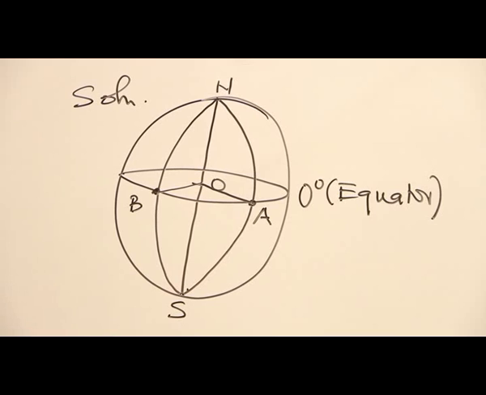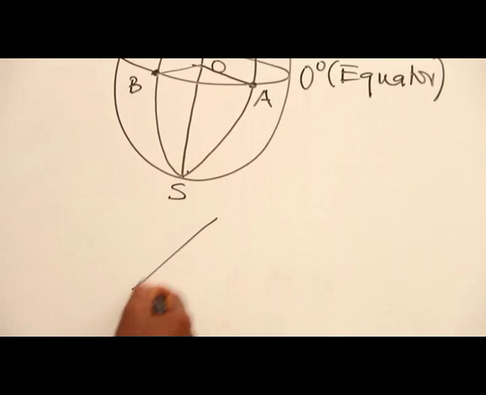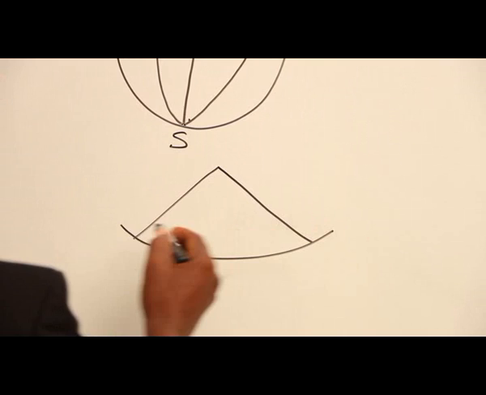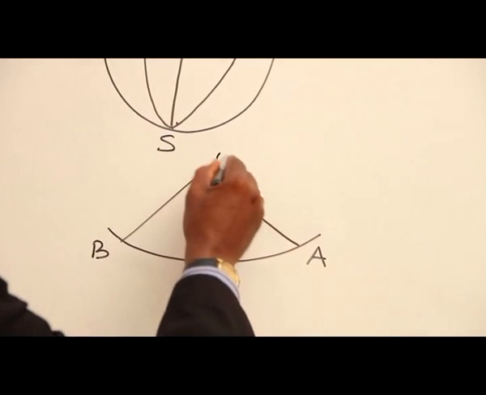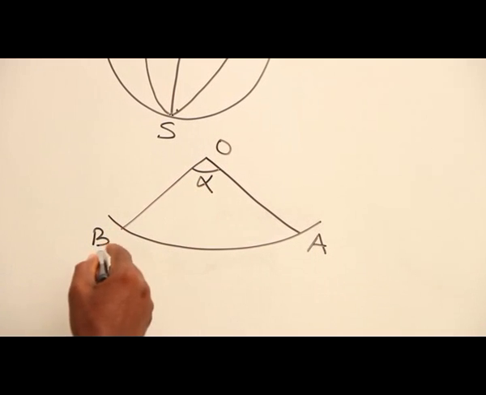Now, let's bring this out in a simple form. This is your point B, this is A, this is O, and this angle is our alpha.